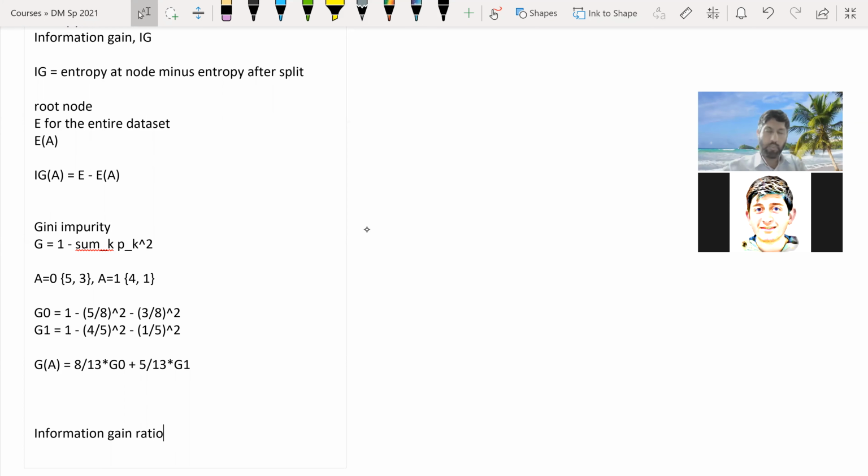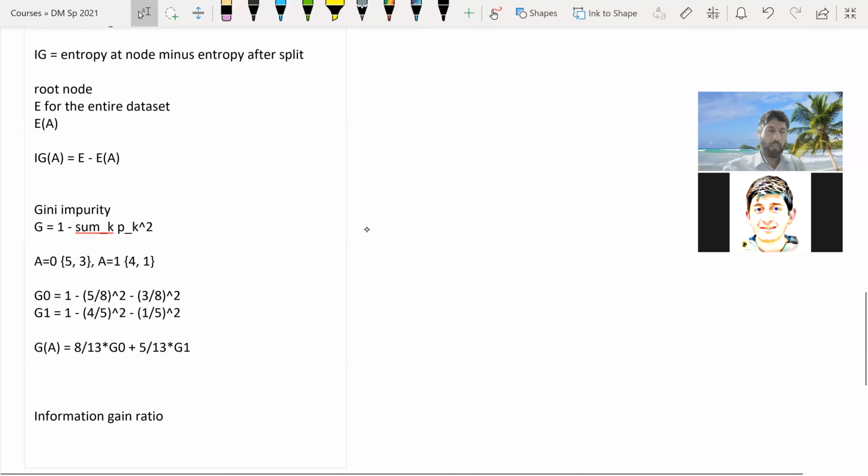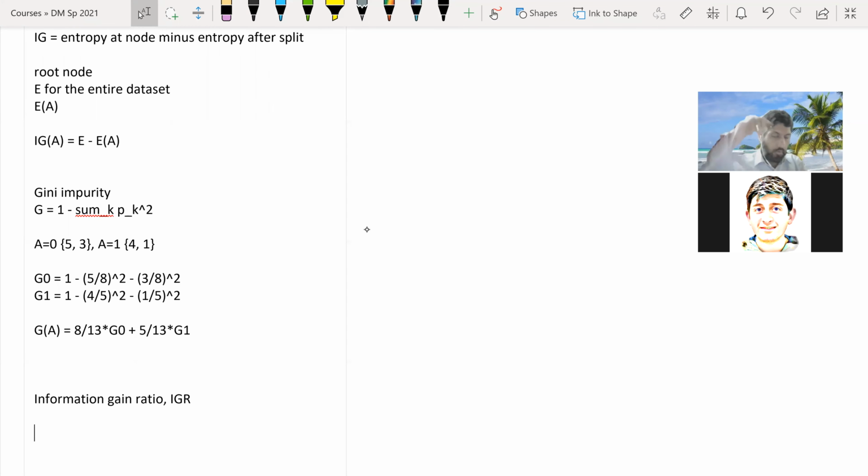So far we have computed information gain before. So you can call this IGR. Okay. So for example, previously we had computed information gain of A as basically entropy at the root or at the node minus entropy after the split using A. Okay, na? So this was information gain.